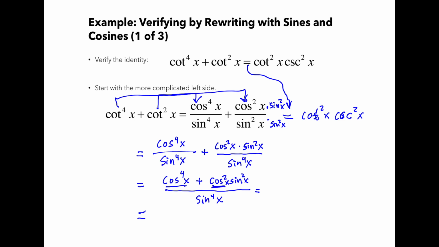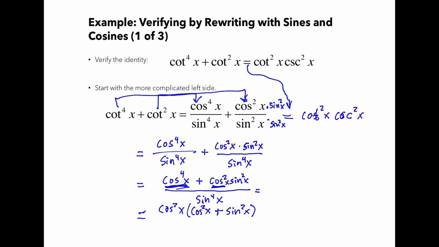There's two cosine squareds on either side of the plus sign. So I'm going to factor out cosine squared x. And then we put what's left. Well, I still have cosine squared x here, and on the other side, now I only have sine squared x.